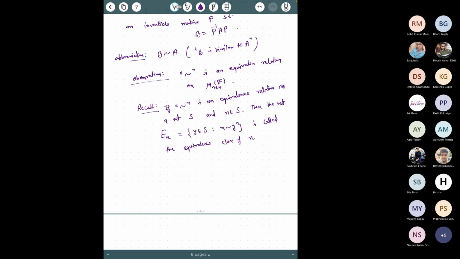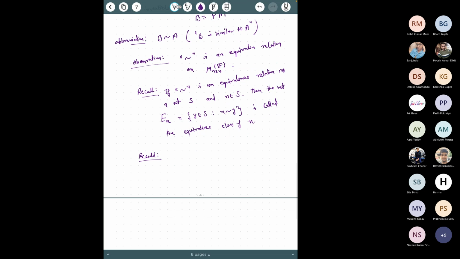Let me again recall that result. What is a partition? Suppose we have a set S, and A1, A2, and so on are subsets of S, finite or infinite, we don't care, such that Ai intersection Aj is empty.